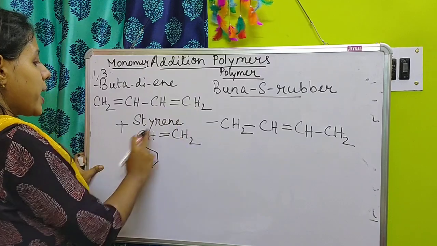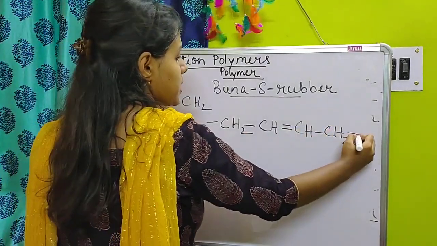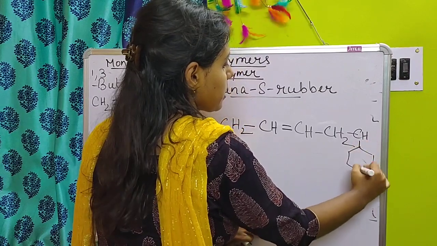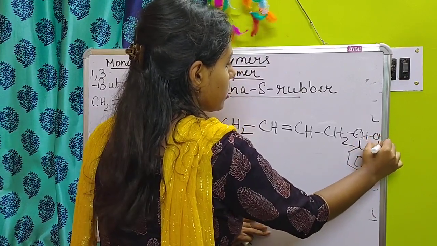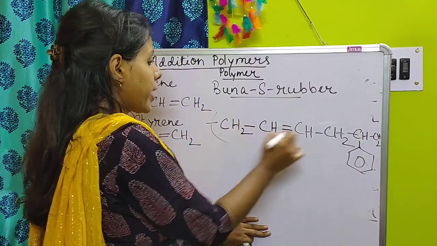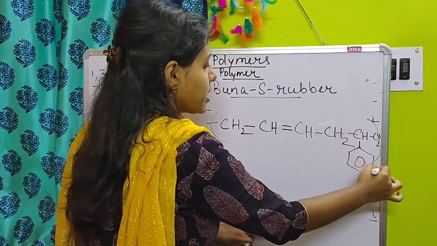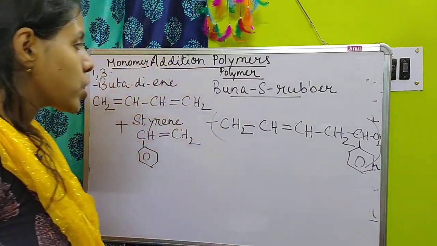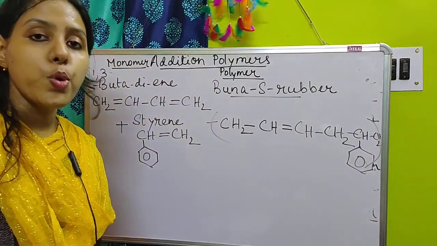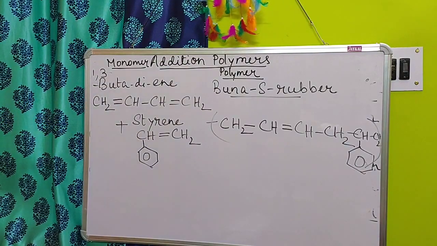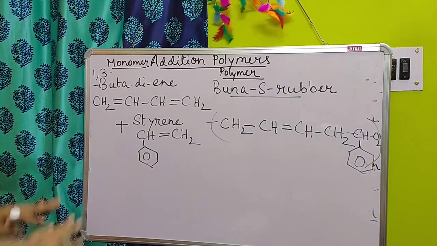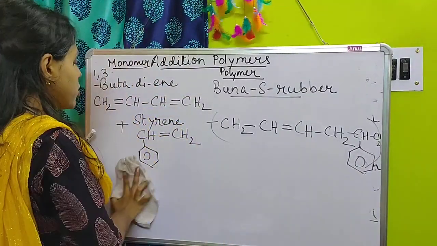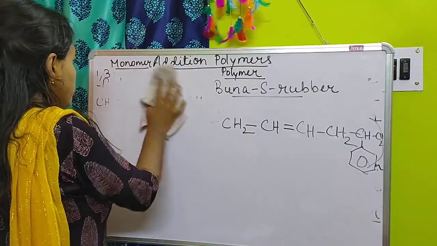Now this carbon will make a bond with this carbon, single bond CH, below there is a benzene ring, single bond CH2, and a bond will be there also. After that the whole bracket, at subscript there will be N. So this is the structure of Buna S rubber. This way we can get different types of addition polymers. Several examples you can see in your notes.